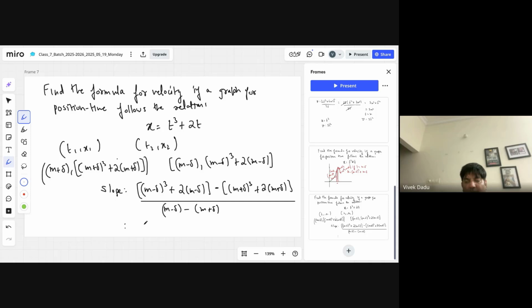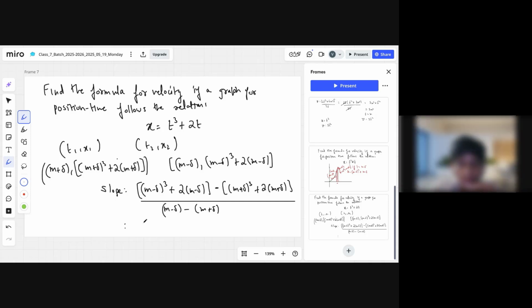Now what will you do? Sir, now m cube minus delta cube minus 3m squared delta plus 3m delta squared, plus 2m minus 2 delta, minus m cube plus delta cube plus 3m squared delta plus 3 delta squared m plus 2m plus 2 delta, divided by 2 delta.